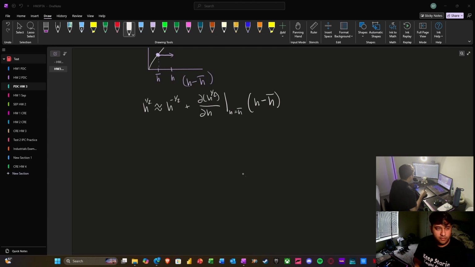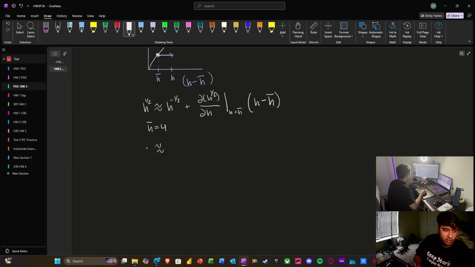Okay, so now we're going to take our h bar, which we're going to set as 4, and we're going to linearize our h to the 1/2, as this will help us form an equation that is linear, whereas this would be messy.